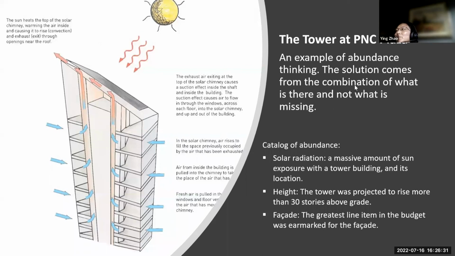So the solution comes from the combination of what is there and not what is missing. At the beginning of the schematic design stage, for a green building or energy efficient design, like an integrated design, they typically will hold an eco charrette, just a name of the meeting, where people from all disciplines and stakeholders come together to think about the strategies.